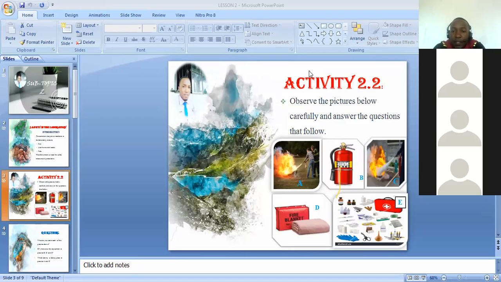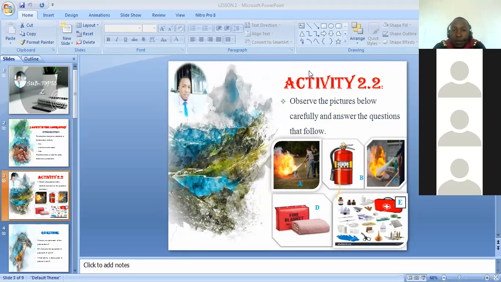Lastly, I want a respondent on picture E. Somebody giving us the use of the equipment in picture E. And picture E, we identified it as tools of the first aid box.